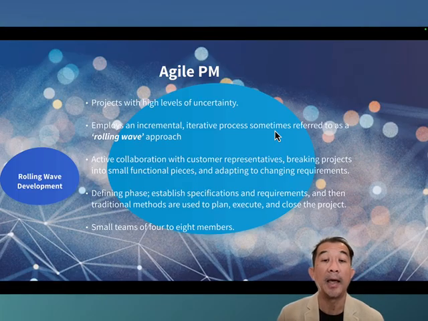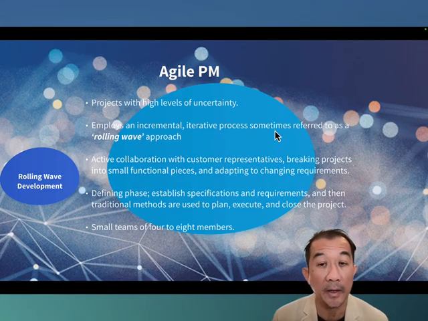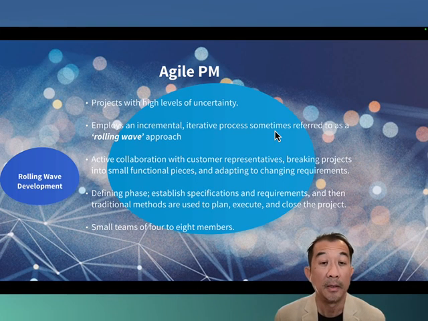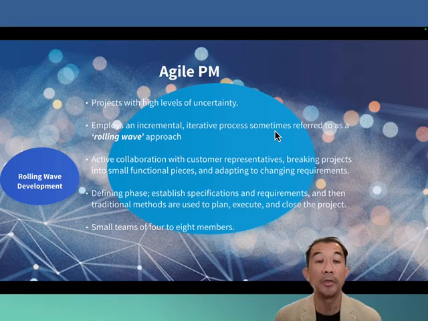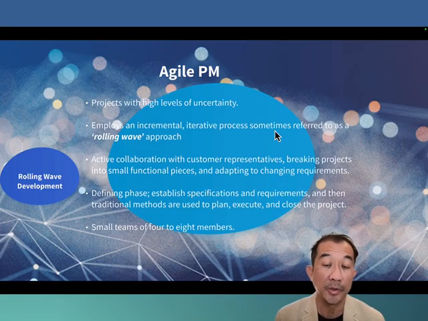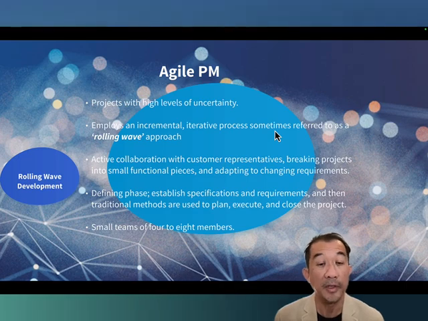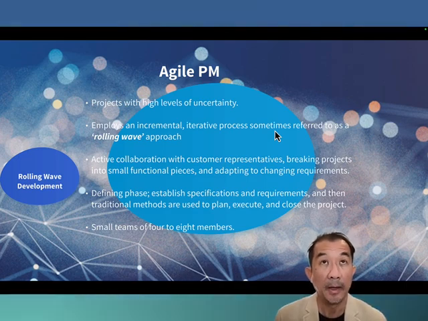We call it the IID, incremental iterative development process, sometimes also referred to as a rolling wave approach. It requires collaboration with customers and breaking those projects into very small features or functional pieces.